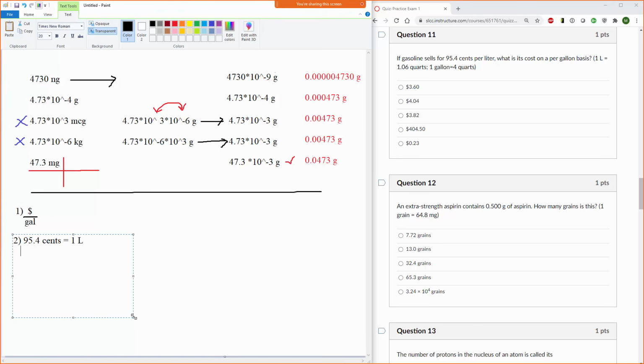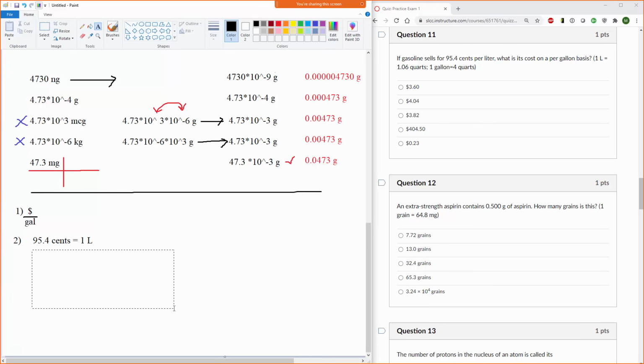Okay, that sounds cheap. Is that cheap? I don't know. I don't know the metric system. What else did they give us?